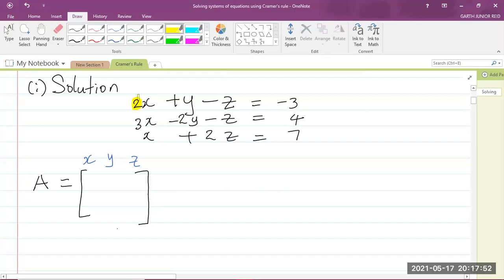When I say coefficient, I just simply mean the number in front of the variable. The coefficient of x for 3x is 3. What is the coefficient for x in the last equation? Now, this can be written as 1x, so the coefficient there is 1. So the first column, I will have 2, 3, and 1.